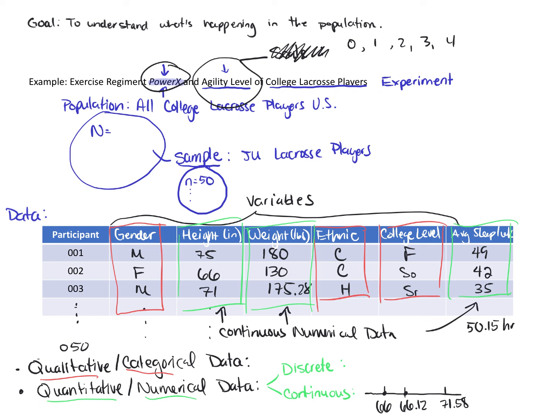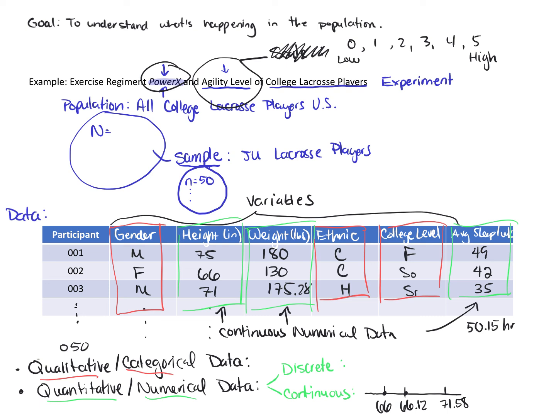So 0 is very low, and let's say 5 is very high. Okay, so low agility level, high agility level, and we categorize it as either 0, 1, 2, 3, 4, or 5. So that would be an example of something that's discrete because it's a counting number. We don't have 1.5 or 2.5, etc.